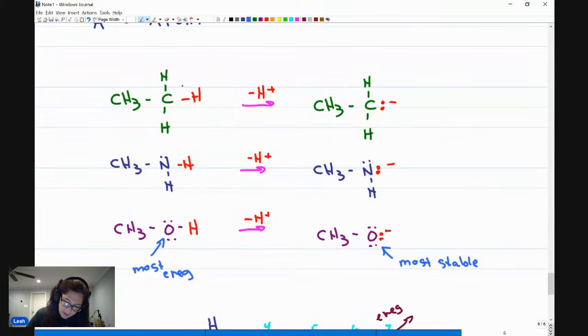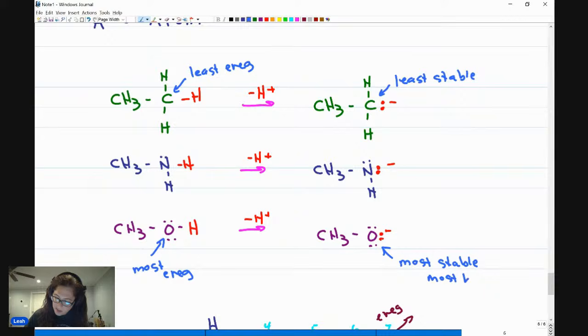But carbon is the least electronegative, and that means you give an atom that does not want negativity. You give that atom a negative charge, it's very, very unhappy. That means this is going to be least stable. It's most unhappy. I'll just put most happy.